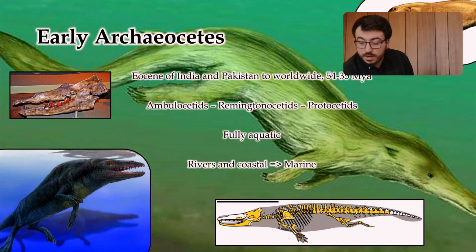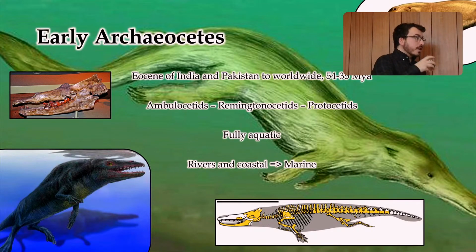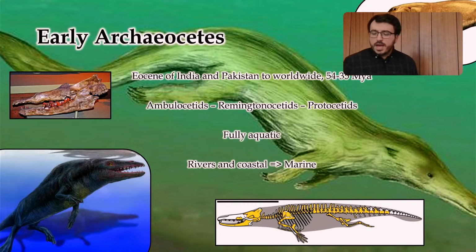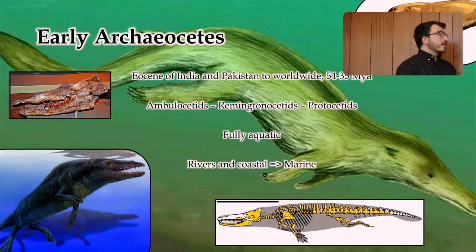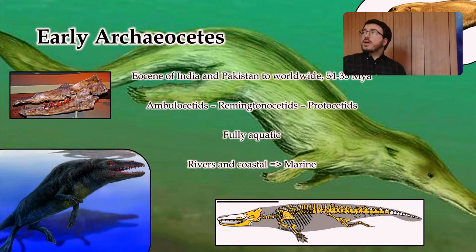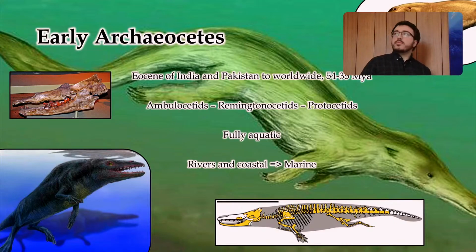They are, at this point, fully aquatic. They can't actually very easily go back onto land. The first two groups are mostly found in rivers and coastal areas around India and Pakistan. There's one that's found in Africa, but it's a bit of an outlier.